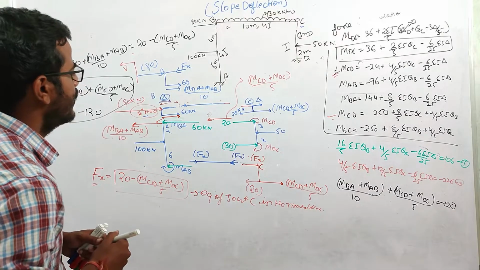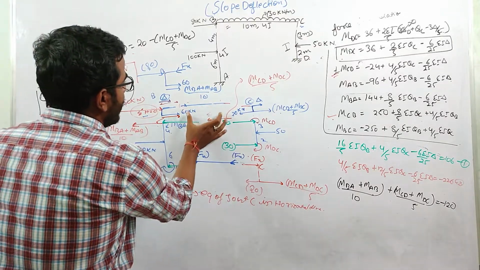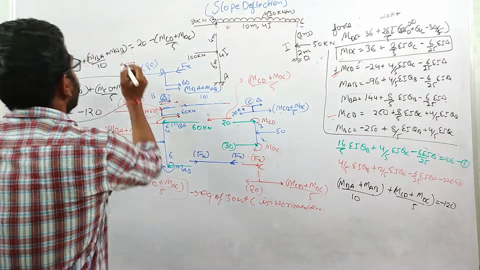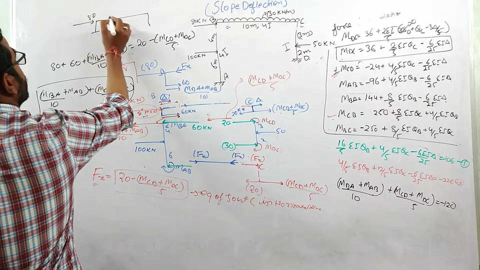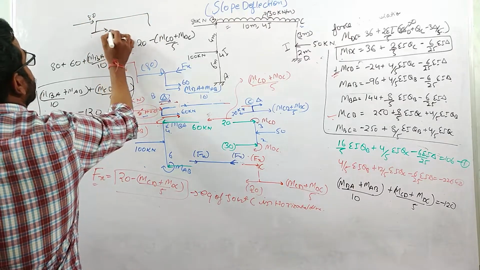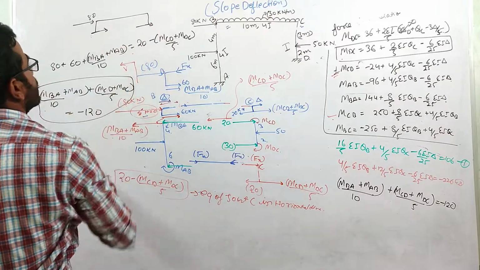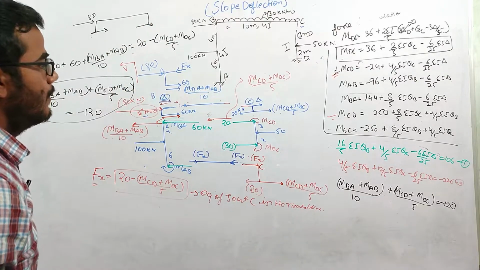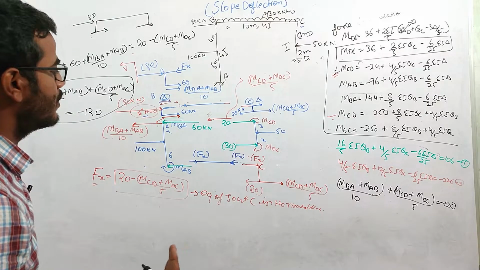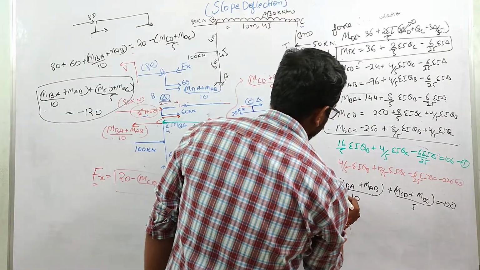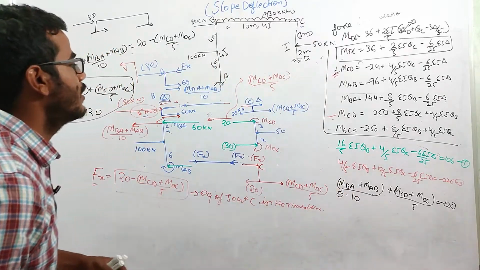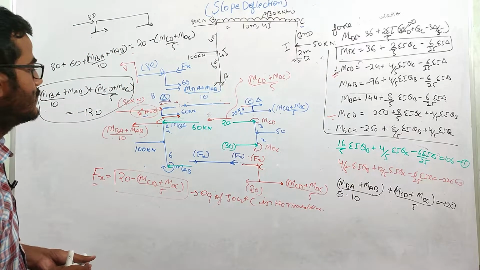But in the books, they combine all those things. They will write the equilibrium equation for this part. Suppose the 20 kilonewton load will be acting here, and there will be some reactions generating. But we wrote it for the particular joint. You will also get the same value from that; no need to worry about that, right?